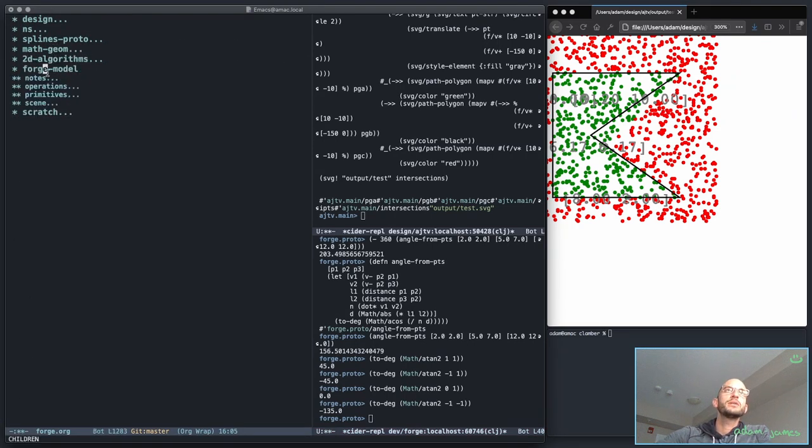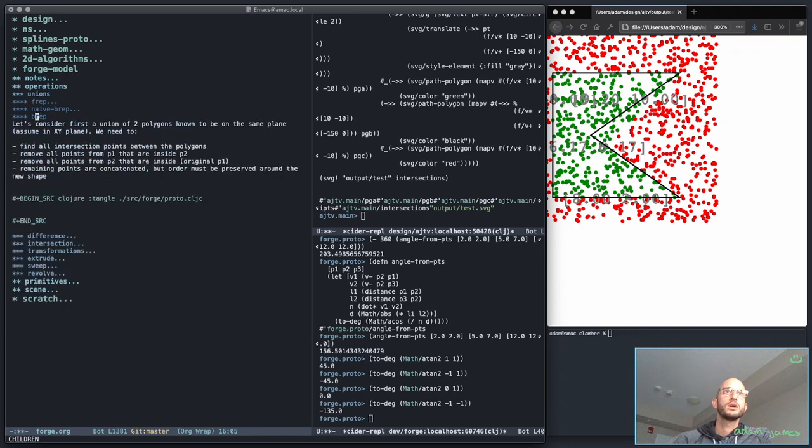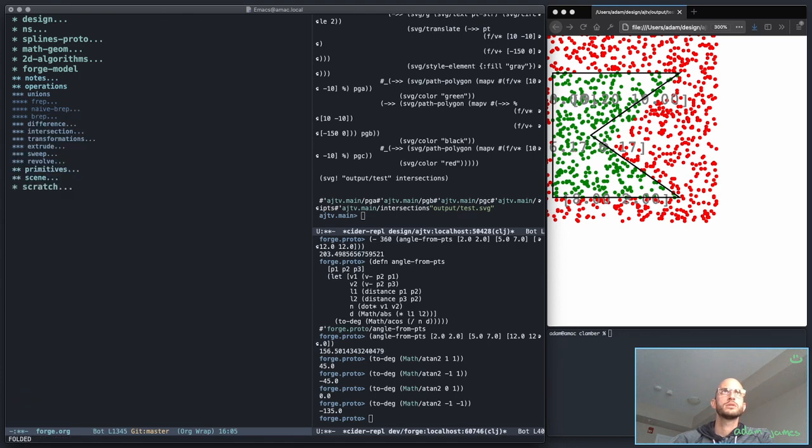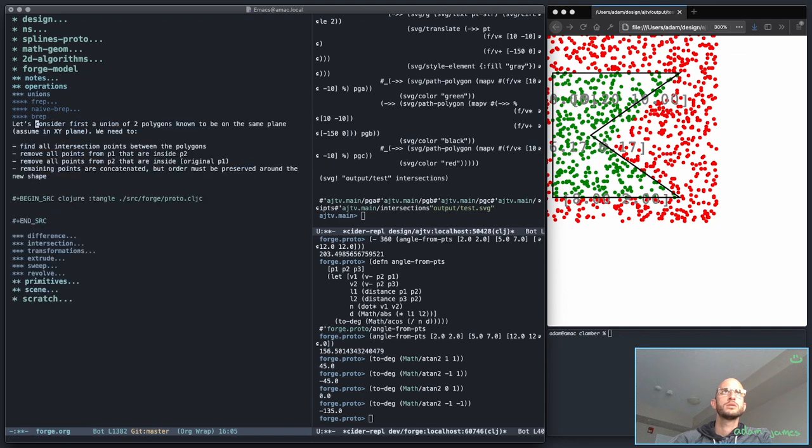Okay, before I forget what I discovered about some things here, I want to go back to my union setup for... where did it go? It's not here.